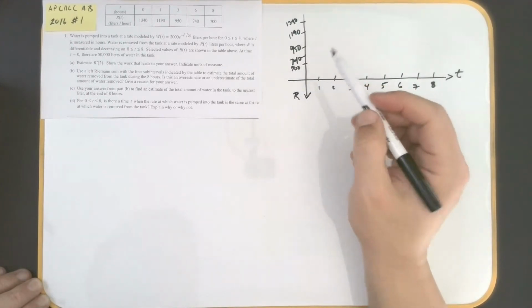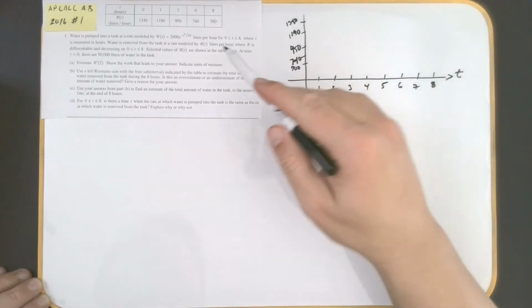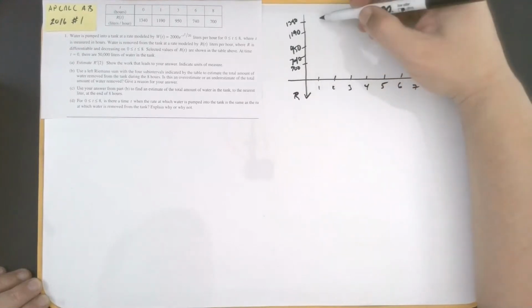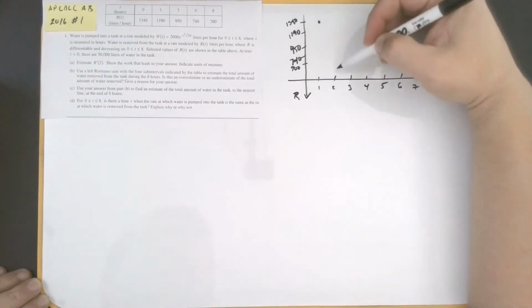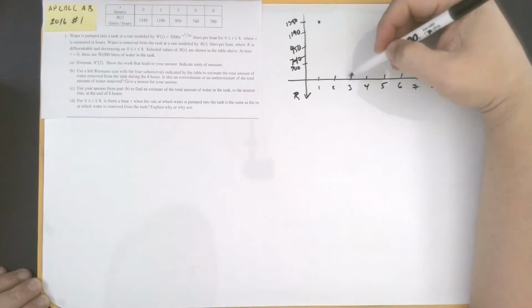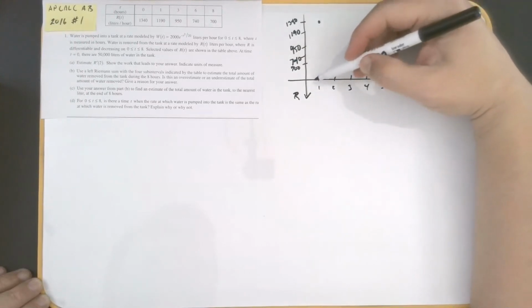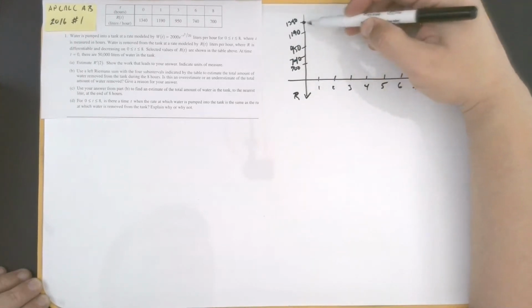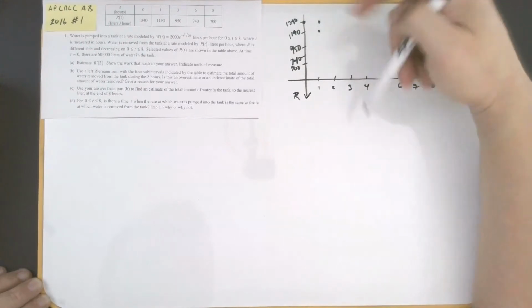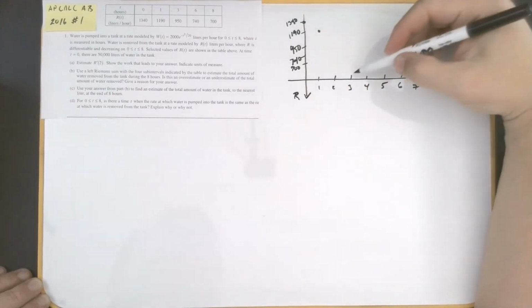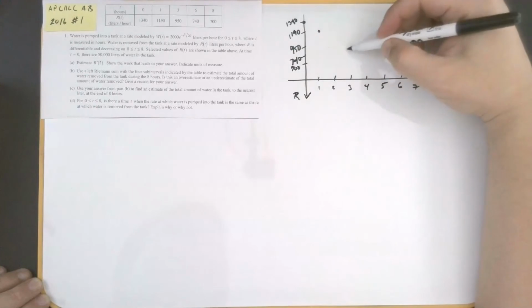Okay, so we have those values, and I'm going to make a point at each coordinate. At 0, I was at 1340. At 1, I was at 1190. At 3, I'm at 950.